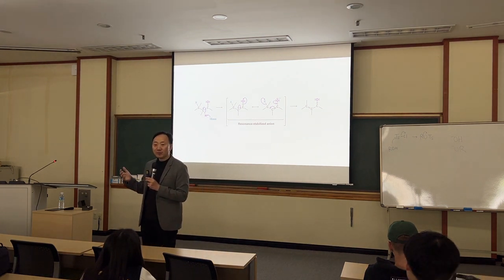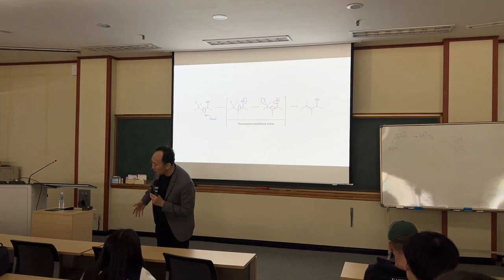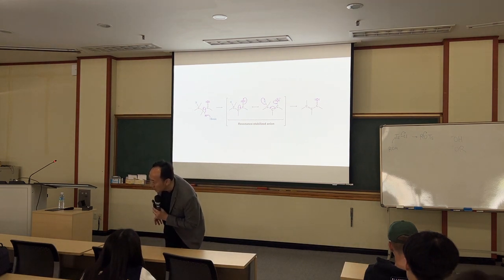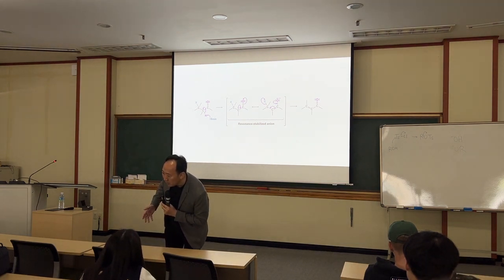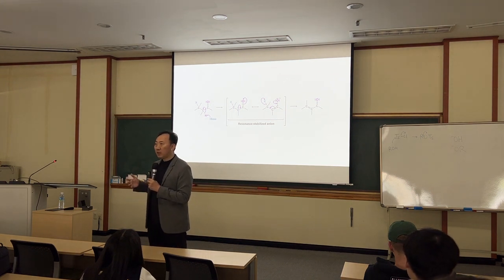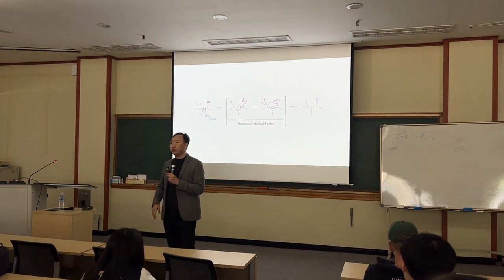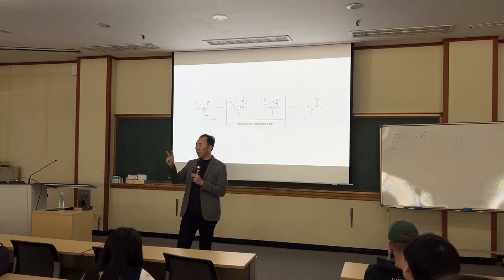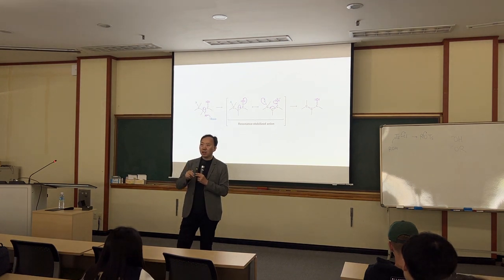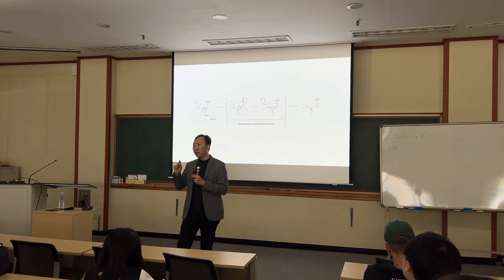Using metal. Metal what? Metal ion, did you say? Not metal ion, metal powder. Okay? Using Mg, then Mg provides the 2 electrons. Then both of the electrons are given to the carbon. So carbon becomes minus. Halide was originally minus.